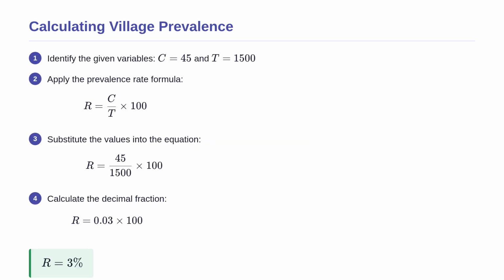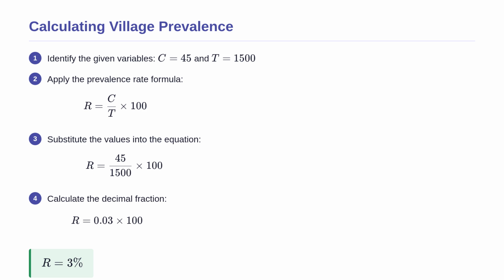Let us see how this prevalence formula works in a real-world public health scenario. In a rural village of 1,500 people, medical tests discover that 45 individuals have active Taeniasis. We need to calculate the prevalence rate to see if it exceeds the 2% threshold for mass intervention. We start with our formula, R equals C over T times 100.